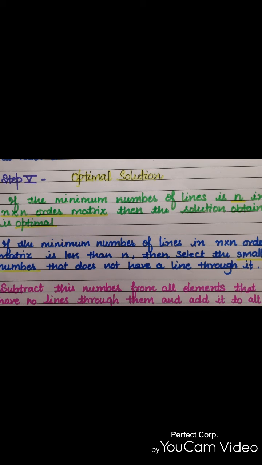But if the number of lines are not equal to the order of the matrix, that means are less than the order of the matrix, then we have to move one step further. And what is that step? After covering all the zeros, you have to identify that smallest number through which the line has not gone through.